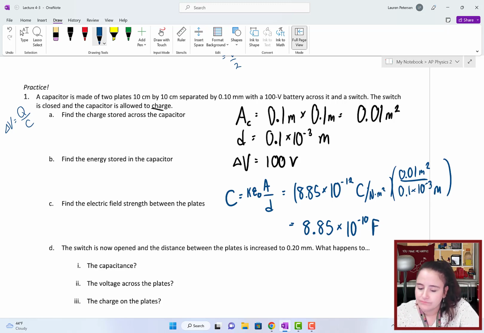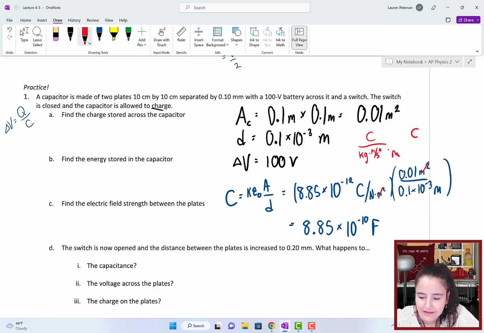Now if you're interested in how those units work out, we got the meters squared canceling out with the meters squared. So that gives us a capacitance per Newton, which is a kilogram meter per second squared times another meter there on the bottom.